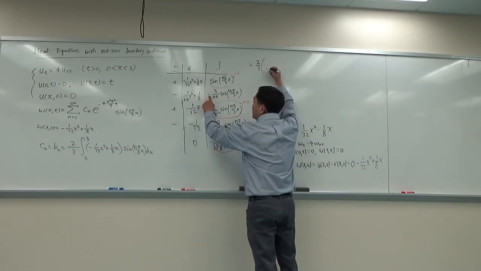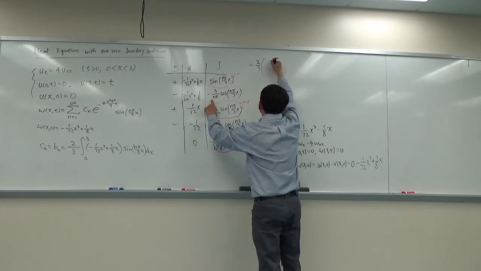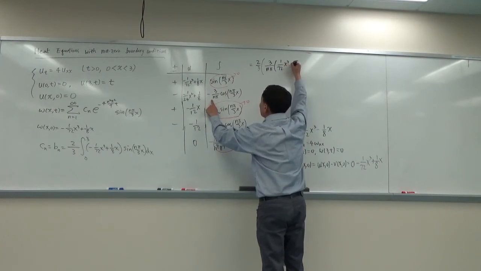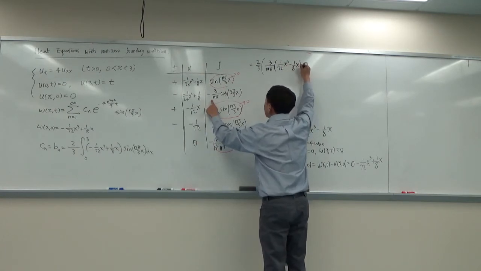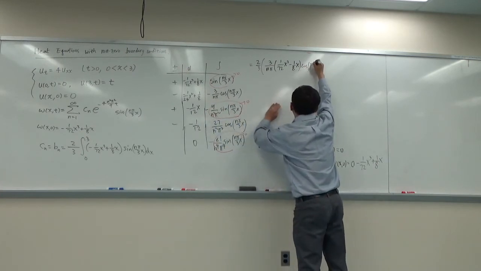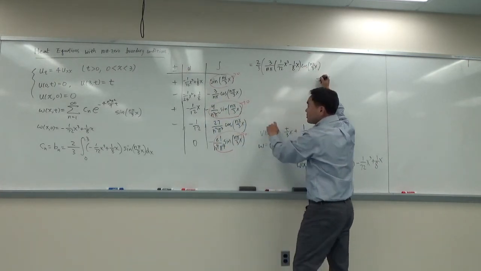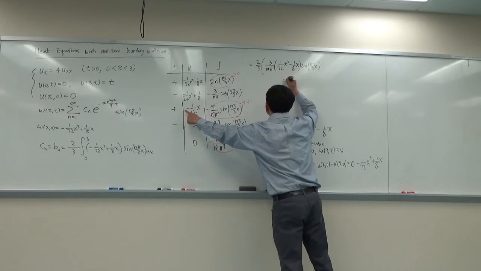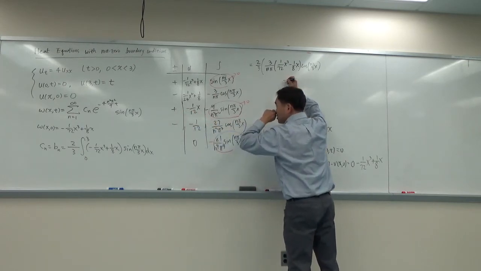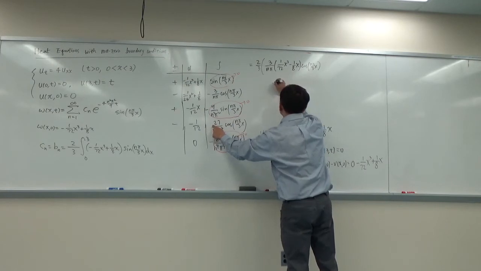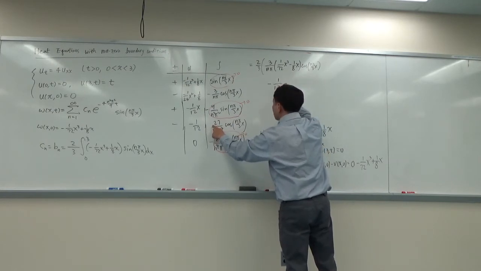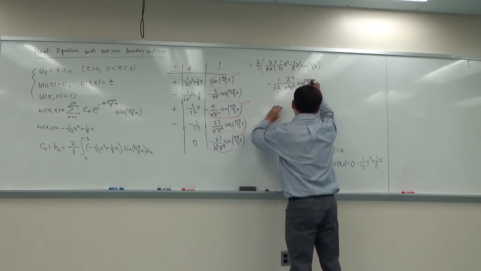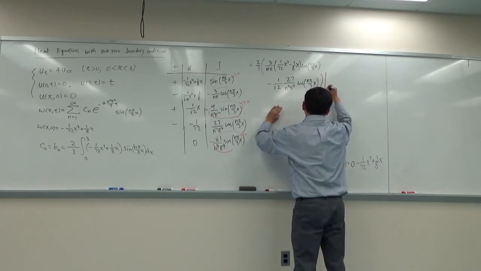It's negative times negative, so it's 3 over n pi of 1 over 72 x cubed minus 1 over 8 x cosine n pi over 3 x. And then the other one is this one. So that's positive times negative times positive, so it's negative. It's negative 1 over 12 times 27 over n cubed pi cubed cosine n pi over 3 x. And to this, you're plugging in 3 and 0.